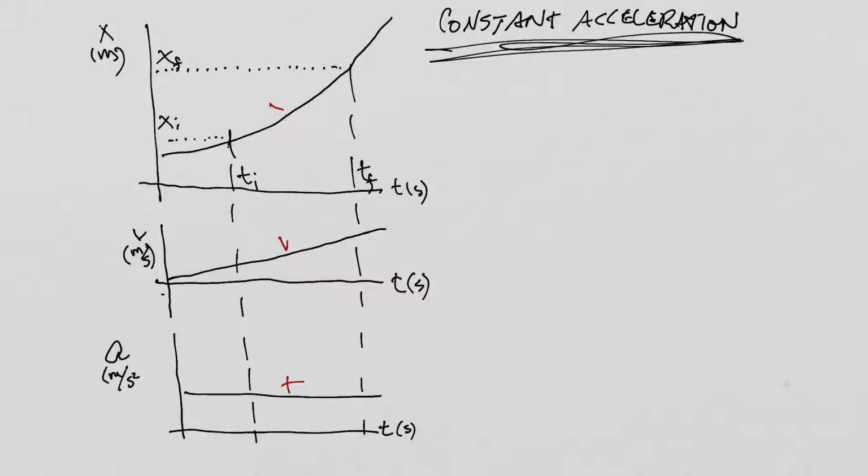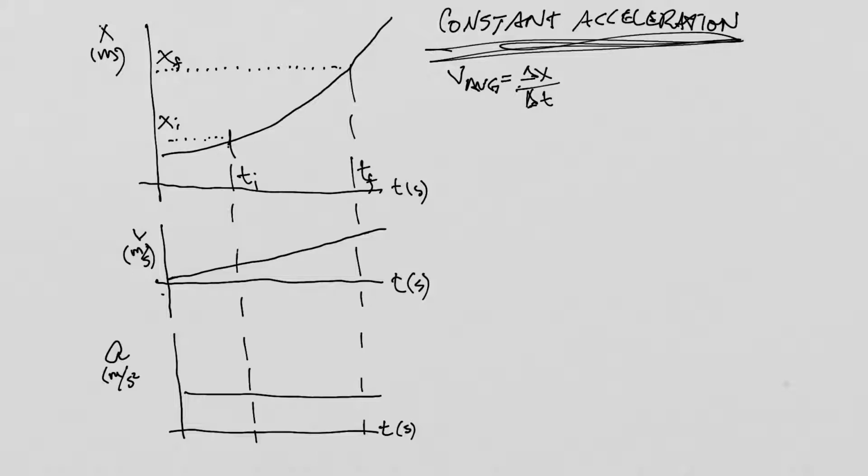Now, to look at this in more detail, we want to first go from position to velocity to acceleration. And the way we do that is that we remember our very fundamental that the average velocity equals delta x over delta t.